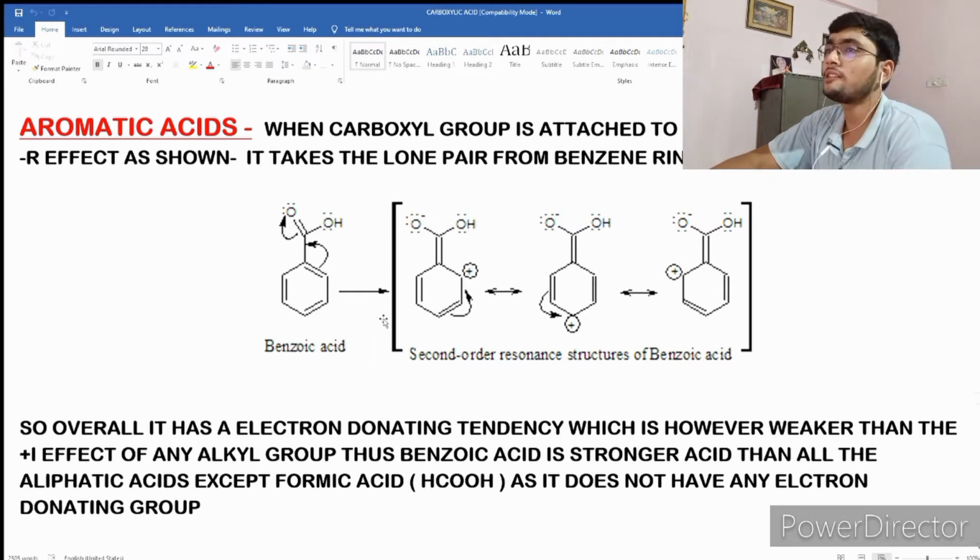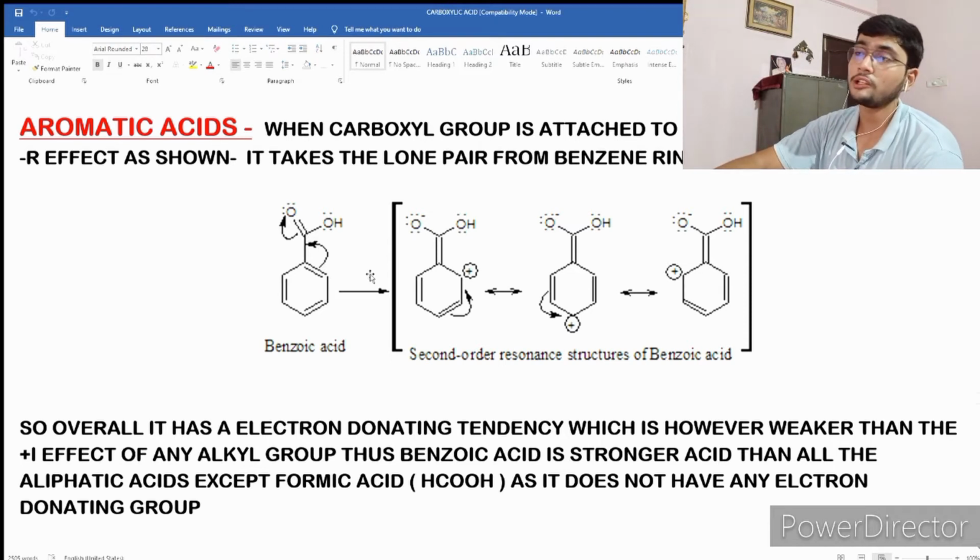Now you see that the benzene ring is increasing the electron density towards the carboxylic group. You see the carbon atom of the carboxylic group is now double bonded in these three structures. This means that the benzene ring is increasing the electron density towards the carboxylic group, which means that it will destabilize the conjugate base of carboxylic acid, but the magnitude of destabilizing is less as compared to aliphatic acids.